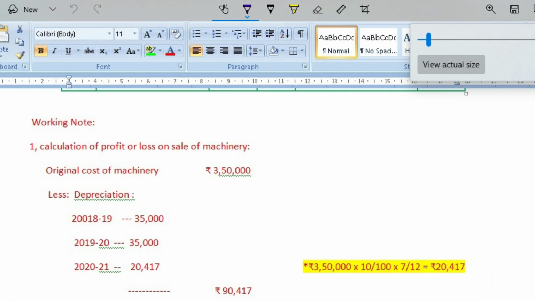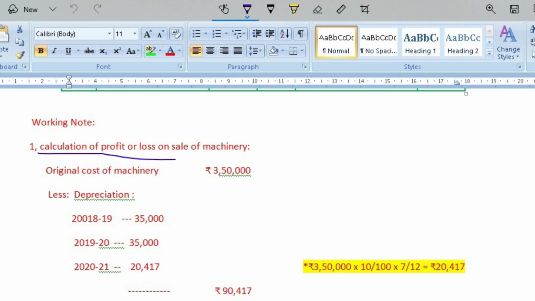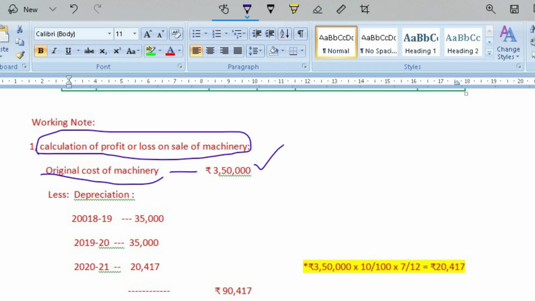working notes. When you are preparing the machinery account, profit or loss on sale of machinery is always calculated using this step. So the original cost of machinery was purchased on 1st April 2018 at rupees 3,50,000, and now it becomes a 2 years 7 months old machine.